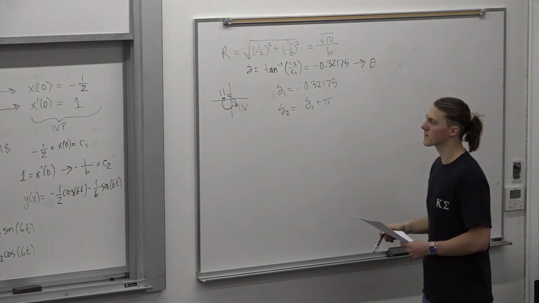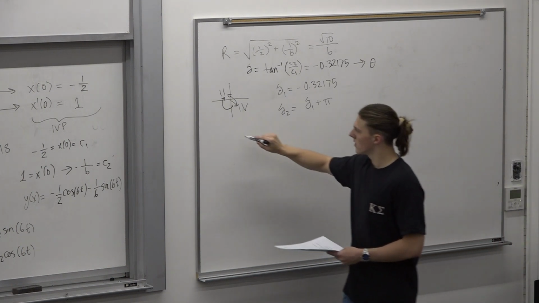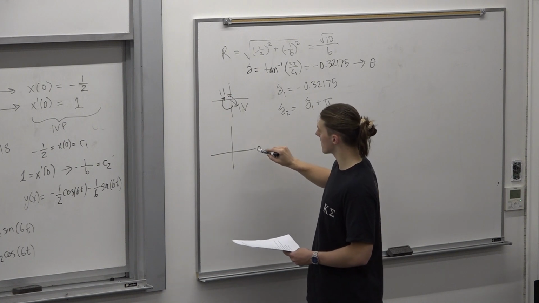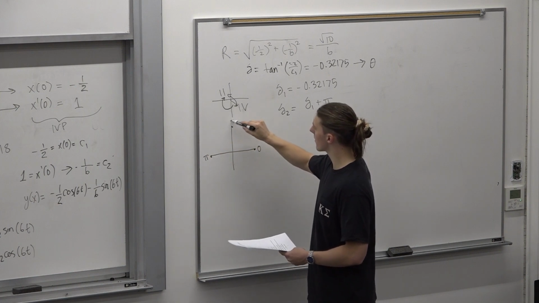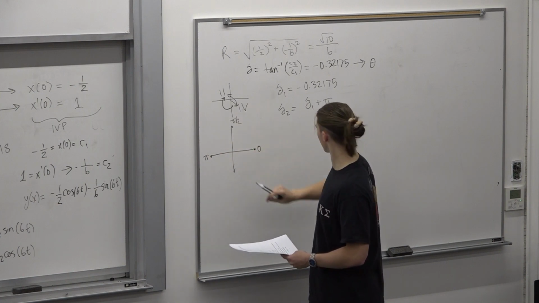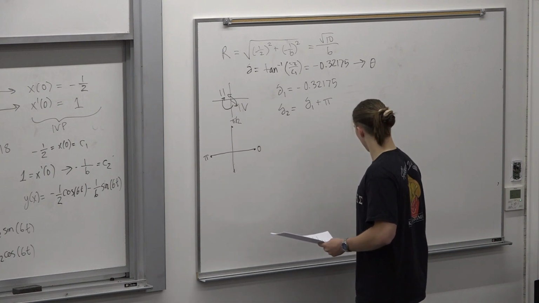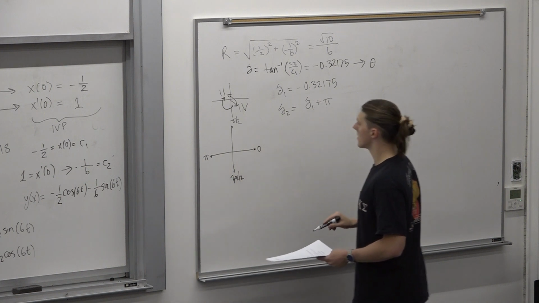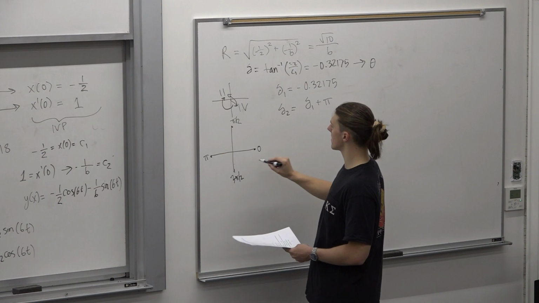How do we know which quadrant the angle will be in? So on the unit circle in radians, we have 0 here, we have pi here, here we have pi/2, and then 3 pi/2.